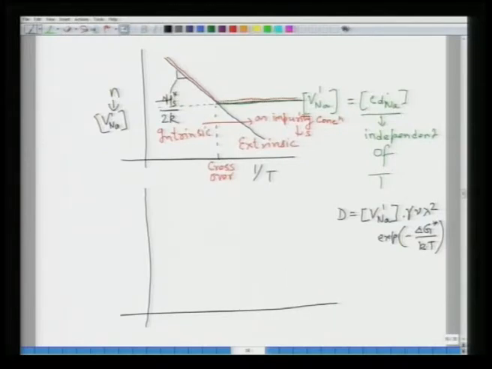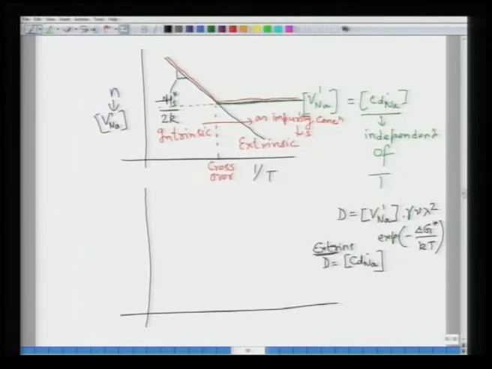If you break this up, then in the extrinsic region V_Na is governed by C_Cd, which is a constant. Just the extrinsic region, if not the intrinsic region, if I said intrinsic region.